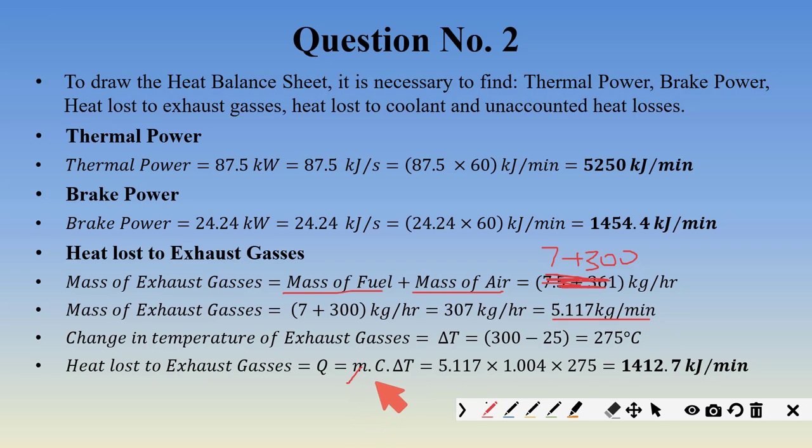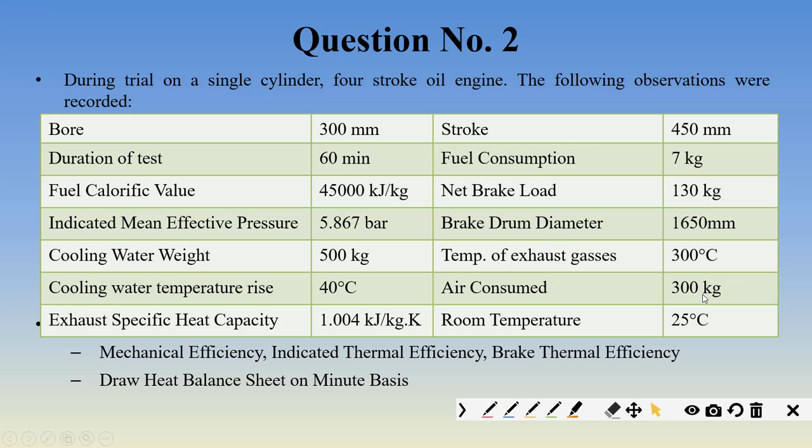They have directly given us the specific heat capacity of exhaust gases, which is 1.004, and they have given us the delta T. What is the change in temperature of the exhaust gases? It is the temperature of exhaust gases minus room temperature, right? Where is the room temperature? Over here.